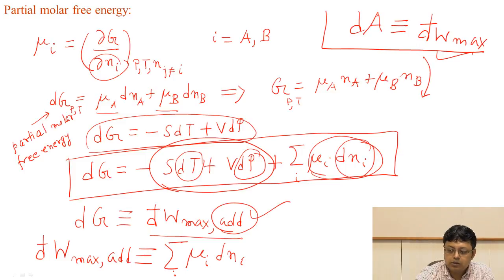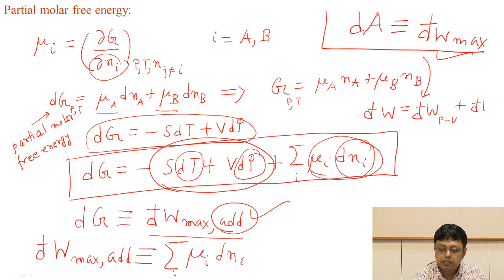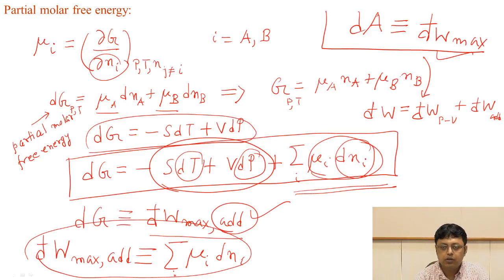So when we solved it, we said that you take the d cross w as d cross w PV work, which is P opposing times dV, plus some additional work, and then you can show the additional work will be equivalent to some non-PV work, which is this term, and then we can easily show that d cross w maximum additional will be the change associated with changing the components of the mixture.